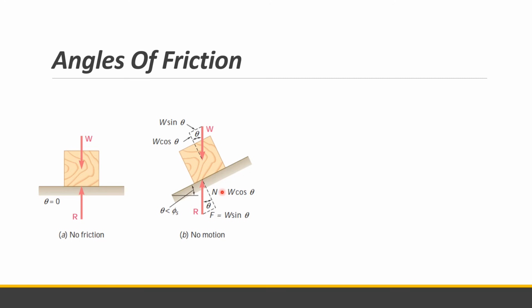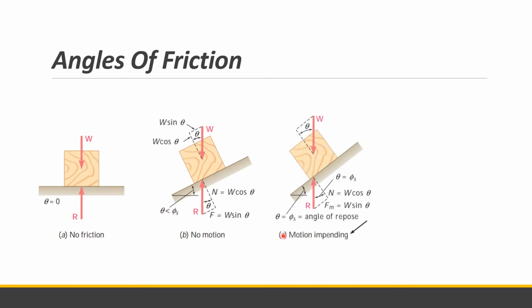So if you keep increasing the angle of inclination, motion will soon become impending. So meaning it will reach the maximum angle, or theta will be equal to the angle of static friction. So at that time, the angle between R and the normal will have reached its maximum value, phi s. So our theta is phi s already.